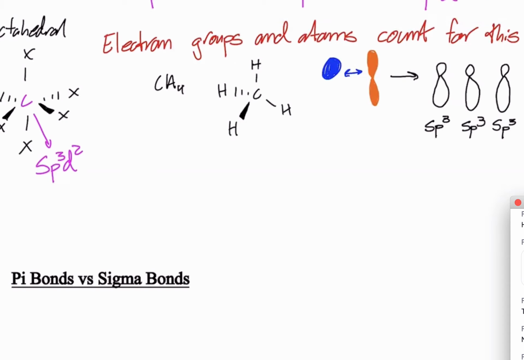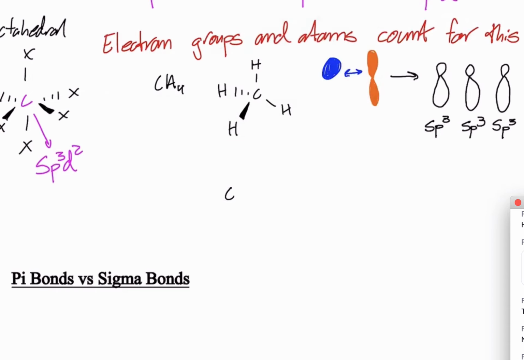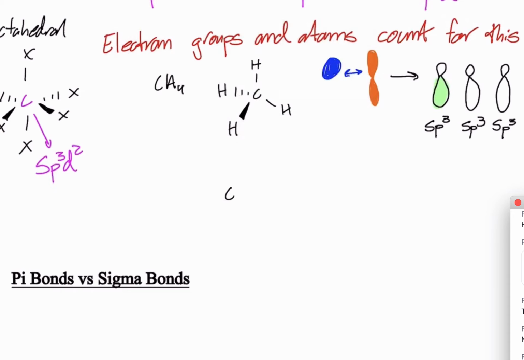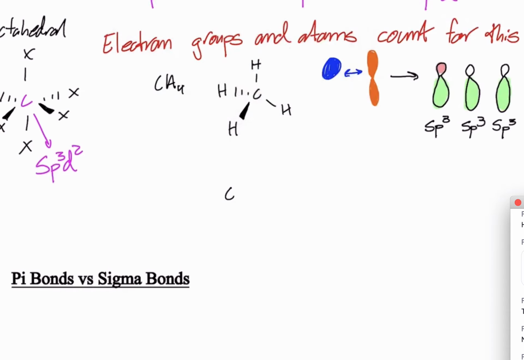Okay, so now with the example of CH4, I have my carbon, and I'm going to get those hybrid orbitals pointing away from the carbon. So let's use green to represent the bigger part of that hybrid orbital, and let's use red to represent the small part.